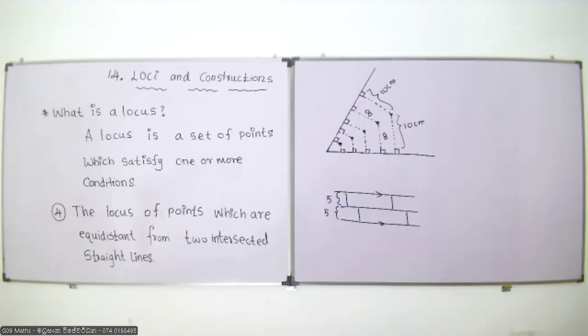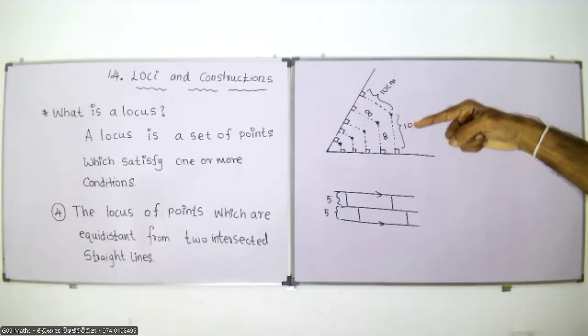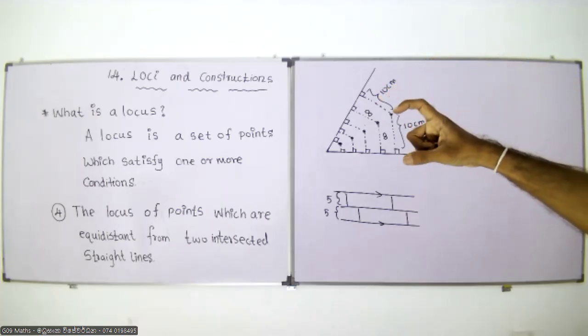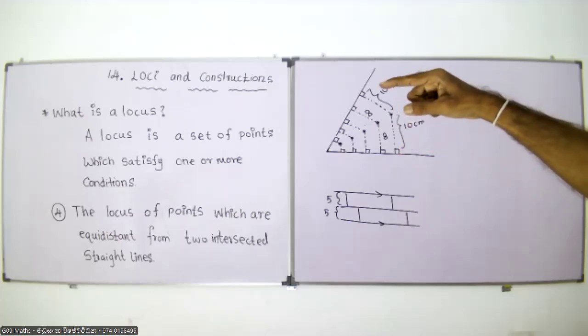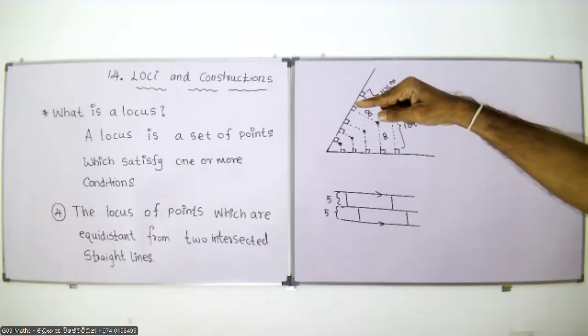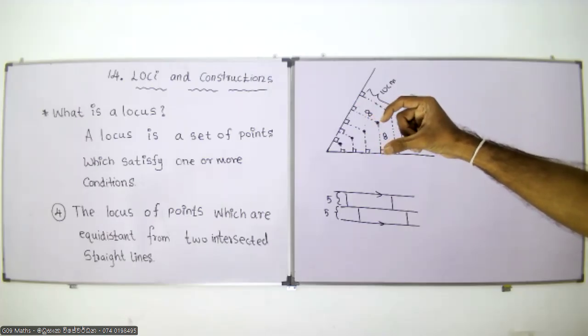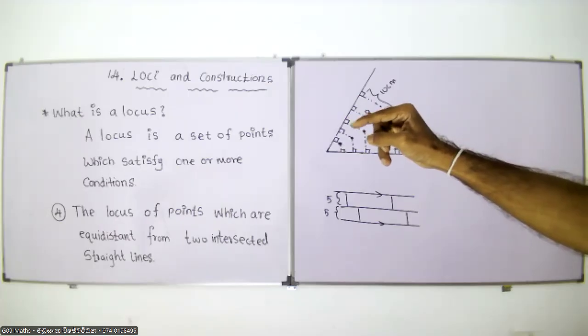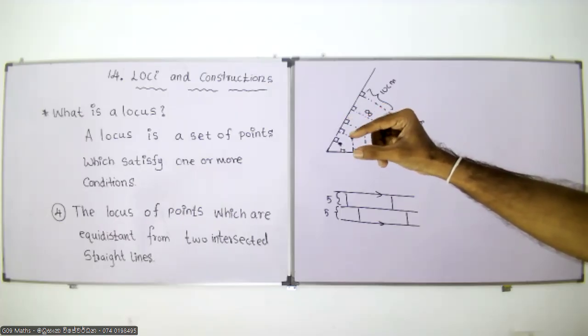That's why I told you the method here, right? This 10 centimeter and this 10 centimeter are constant, right? But this length to this point and this length to this point are equidistant, and also this upper arm and lower arm to this point are equidistant, and this lower arm to this point and upper arm to this point are equidistant, not constant.